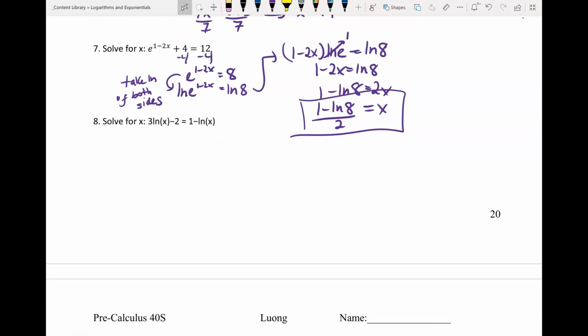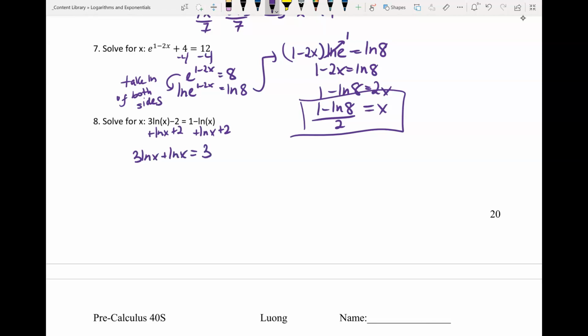Lastly, for question 8, just like our other log equations, I'm going to try to get ln x by itself. So that means I'm going to add ln x on both sides, and then add 2 on both sides. So we have 3 ln x + ln x is equal to 1 + 2, which is 3.